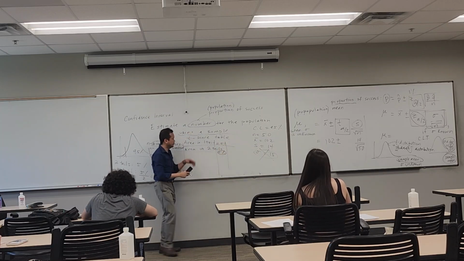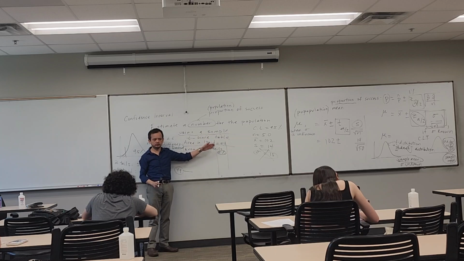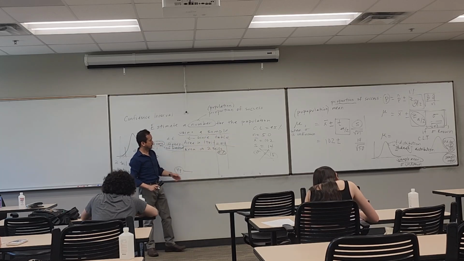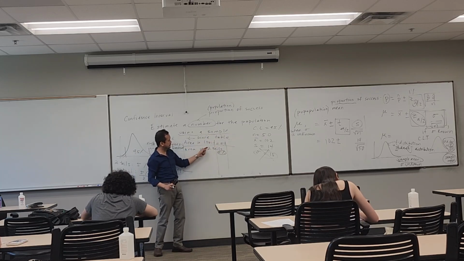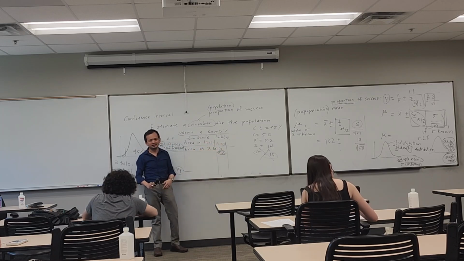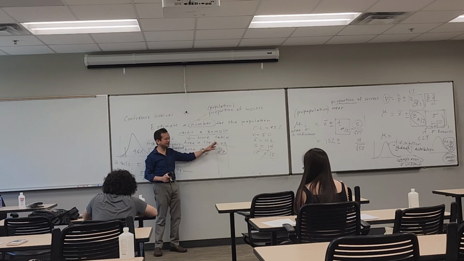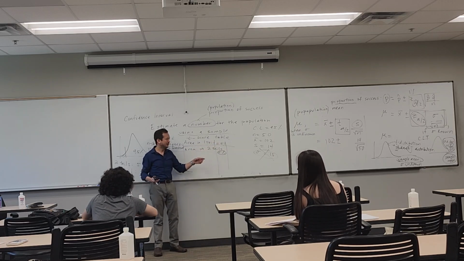So in other words, you can use either row to look up the appropriate column to go to. So in the same column will be area in two tails of 5%, and also area in one tail is 2.5%. It's just saving you having to multiply or divide by 2.